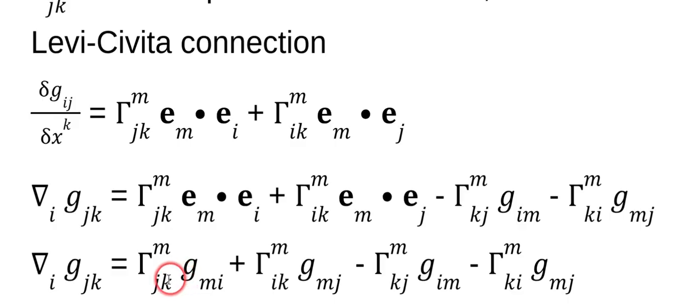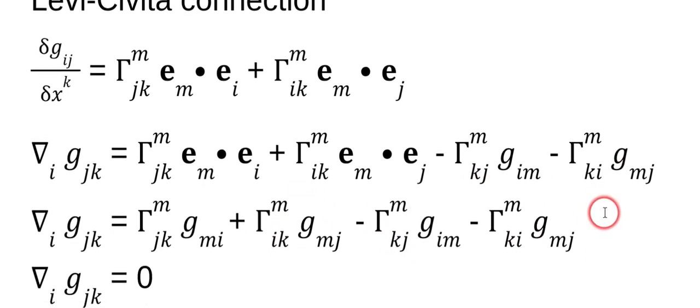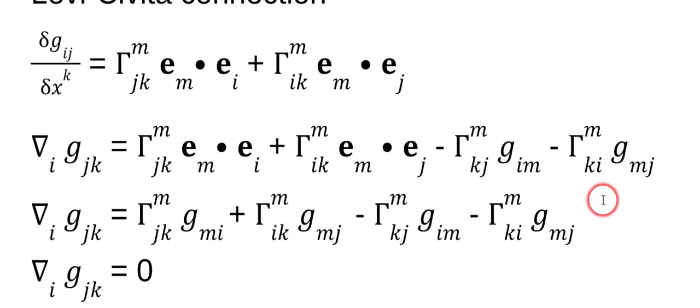And here's the other thing we're going to use now, but we'll learn why later: the Levi-Civita Christoffel symbols are symmetric about the lower indices. So gamma^m_jk is the same as gamma^m_kj. So you see this cancels that, and you get 0. So there you go.